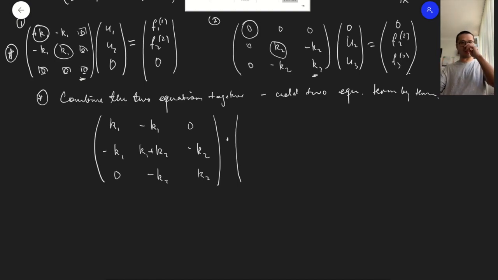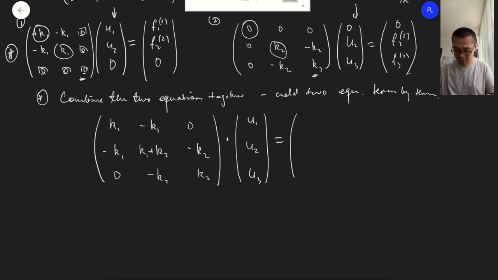You don't add anything from the actual vector here. It stays the same, except now it relates to the displacements at all three nodes, so that becomes U1, U2, U3.